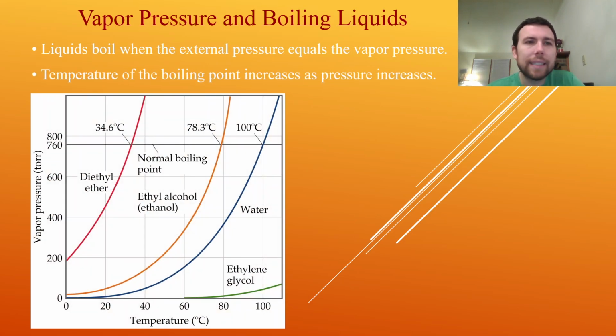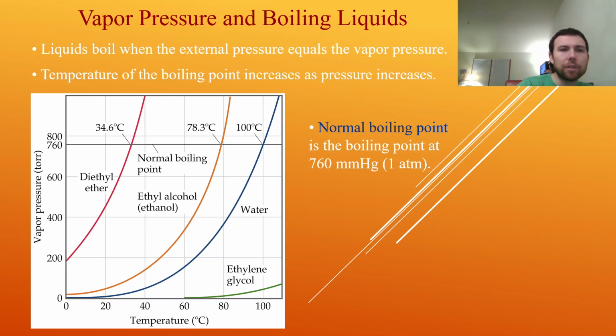And so what we see is that the temperature of the boiling point increases as we increase the pressure on our liquid. Now, when you look at each of these particular substances that are listed here on this graph, you've got the vapor pressure in torr, and you've got the temperature on the x-axis. So temperature's on the x-axis, vapor pressure in torr is on the y-axis. And so you've got various different liquids that have been listed here.